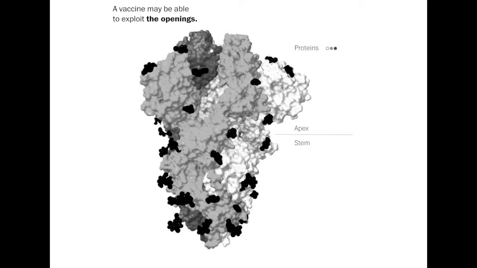And a group of scientists have captured images of these proteins opening in the spike's cap-like apex before and during the attempt to bind to a receptor. Now, studies on SARS and MERS causing viruses indicate that all 3 proteins in a spike have to open for it to gain access to a cell.